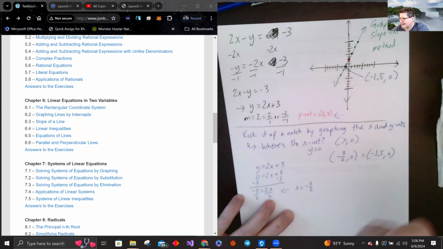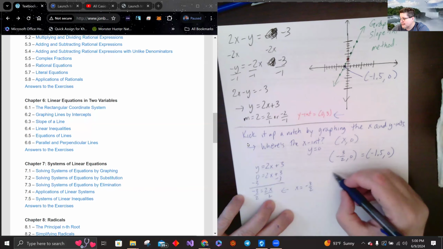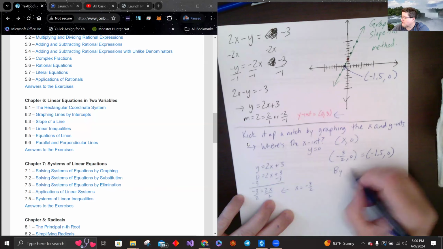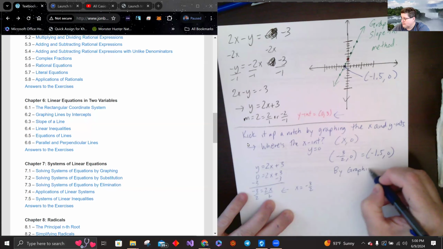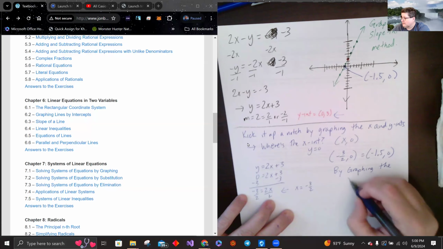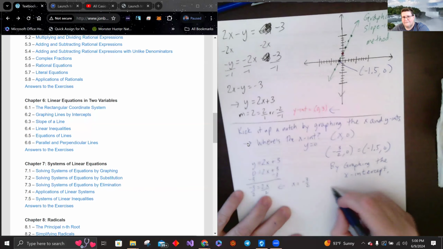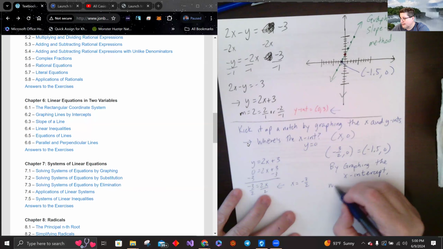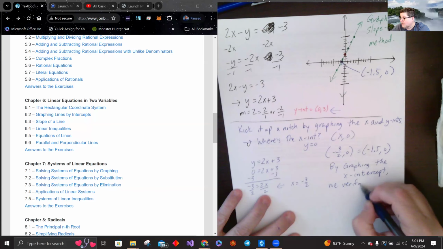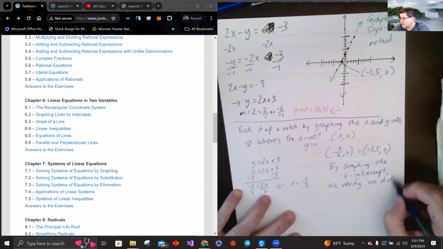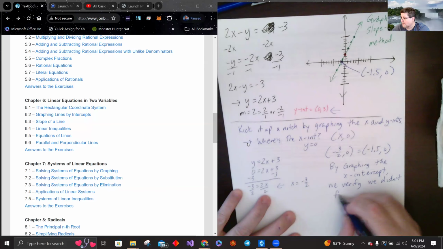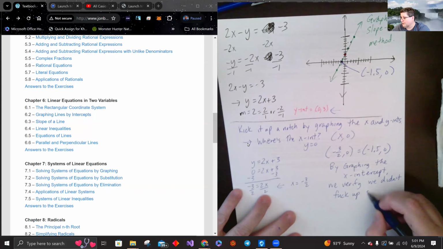So what this does is by graphing the x-intercept, we verify we didn't mess up the other one. Slope-intercept.